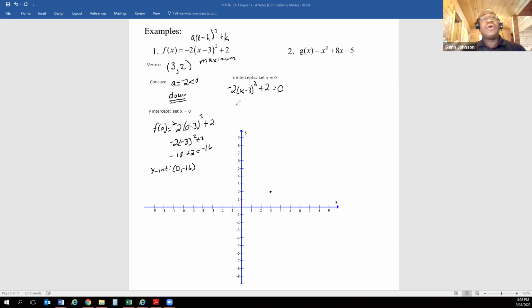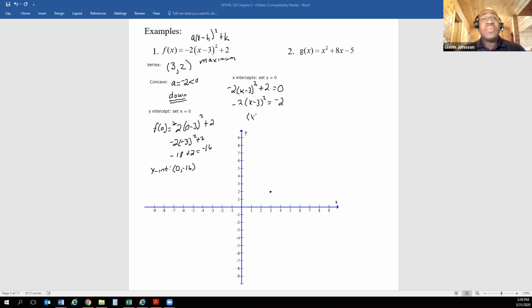To solve this, we want to isolate the squared part. We can use the square root method here. So we subtract 2 from both sides of the equation. This will give us negative 2 times x minus 3 squared equals negative 2. Our next step will be to divide both sides by negative 2 so that we can isolate the squared part.